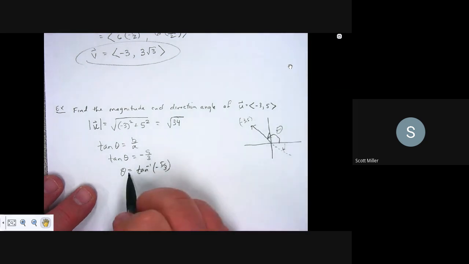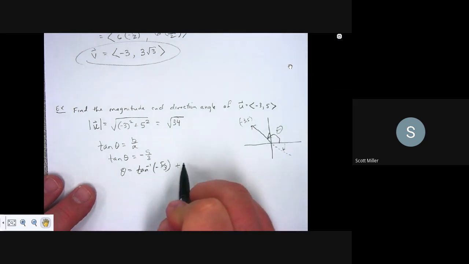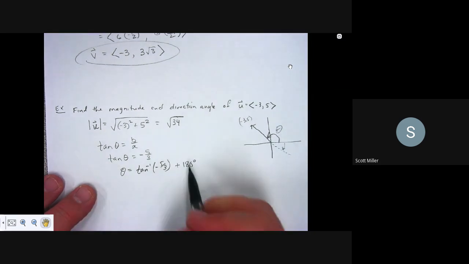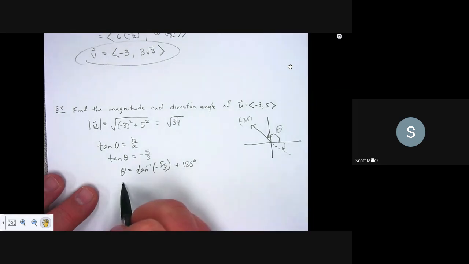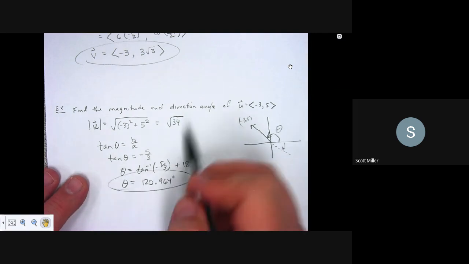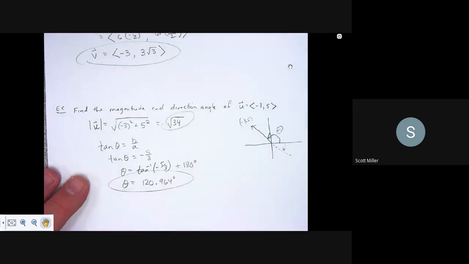So our angle is this thing plus 180 degrees. That's going to give us the angle we want. When we work this out, we get 120.964 degrees. So there is my direction, and there is my magnitude of that vector u.